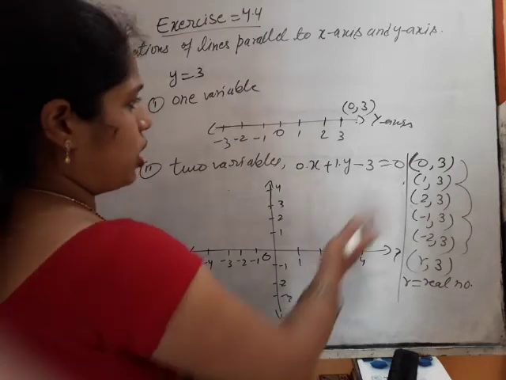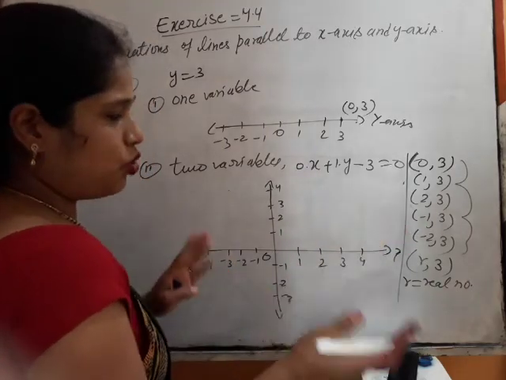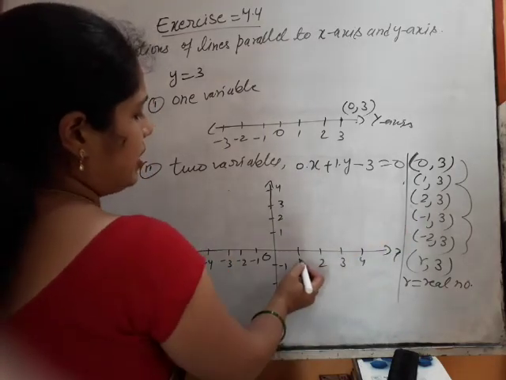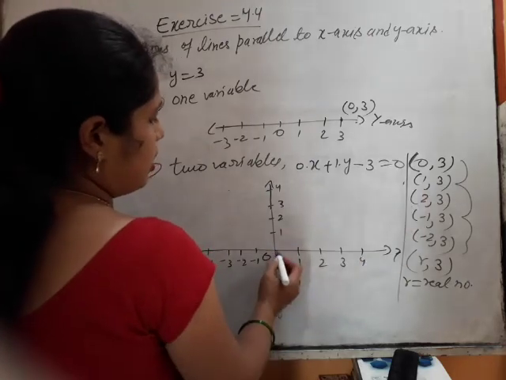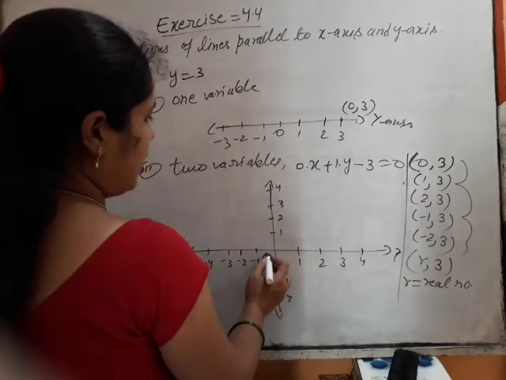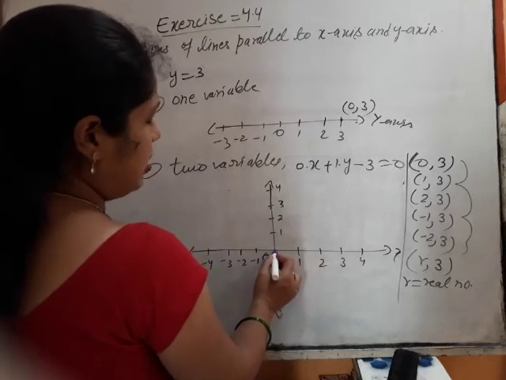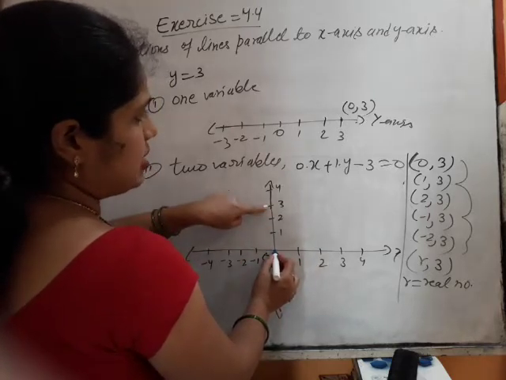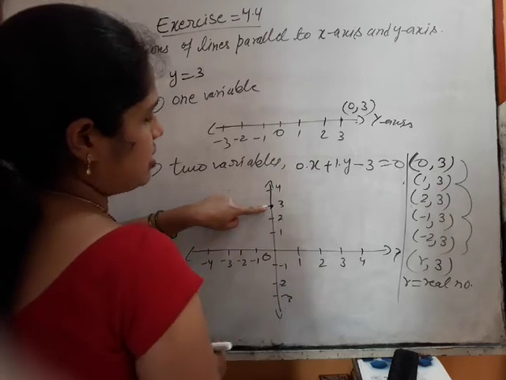Now let us plot these coordinates. We have assumed that these values will come. First is 0 and 3: 0 on the x-axis and 3 on the y-axis. So this is our first point.